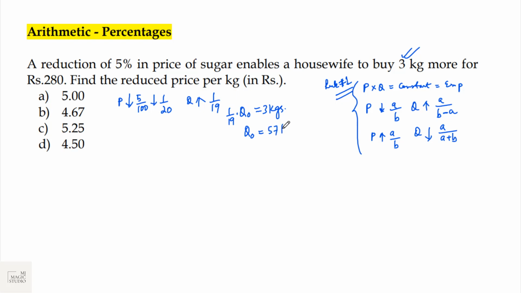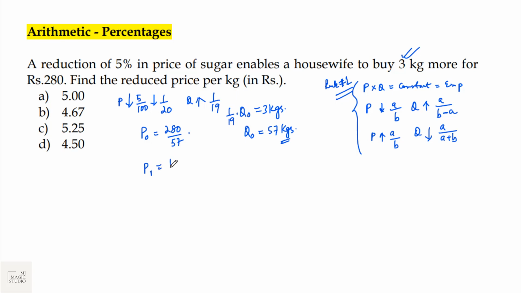This will help us find out what was the initial quantity purchased. 19 into 3 is 57 kgs. Initial price was 280 by Q0, 280 by 57. Now find the reduced price. Price has reduced by 1 by 20.